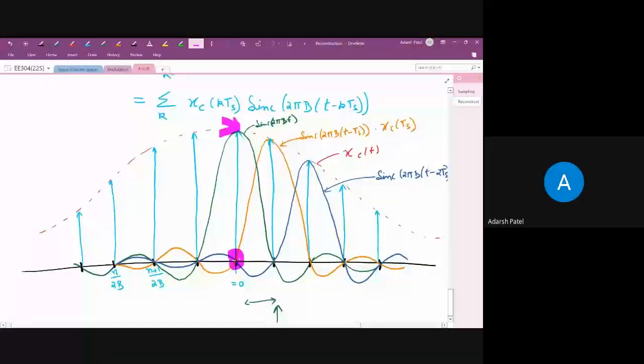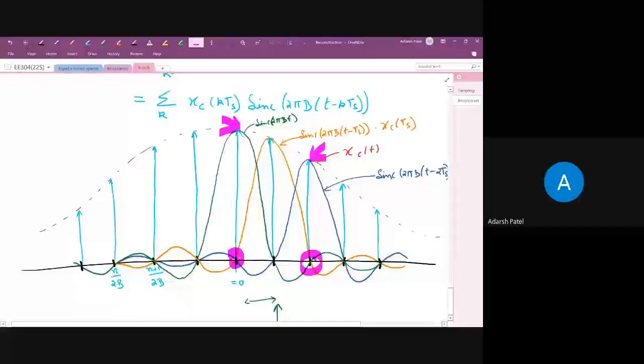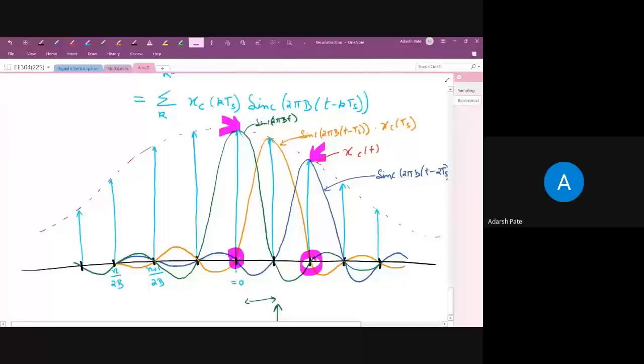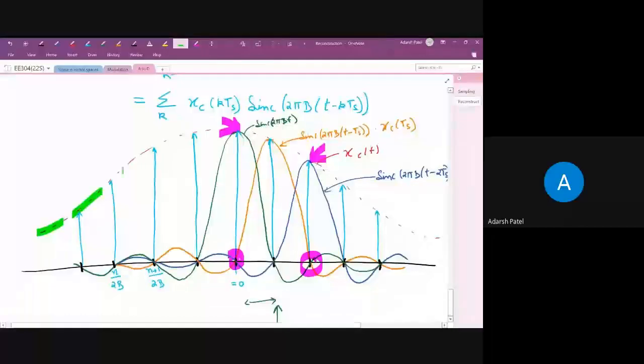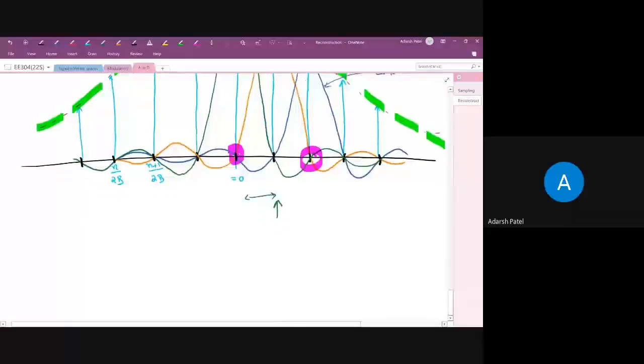Similarly, if I pick this point, there is only one non-zero value, which is this point. And this is exactly the point given by x(t) only. So if I sum these things up, I will get this continuous x(t). Upon summing, we will get this x(t). That's how this operates.